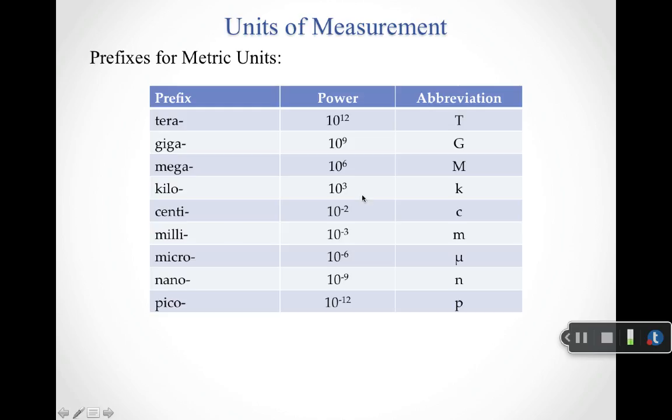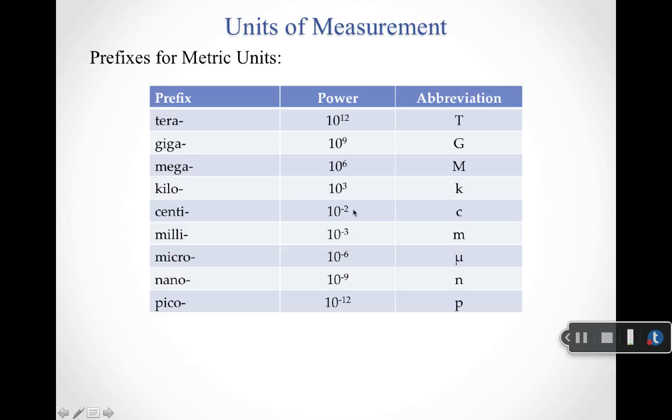Now, within the metric system, we know that we can go back and forth between metric units, and what makes the metric system so easy is that different units are all multiples of powers of 10. So notice that in this chart, the scientific notation tells us this is 10 multiplied by itself 3 times, this is 10 multiplied by itself 6 times.